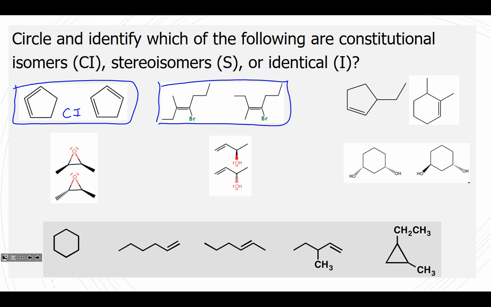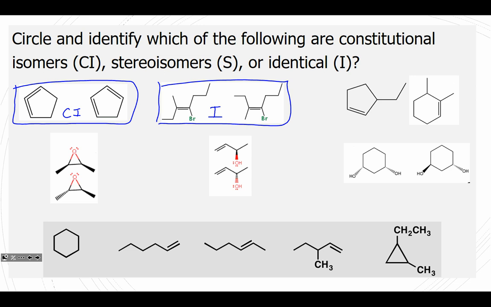Constitutional, they'll have the exact same molecular formula. Identical, you would name them exactly the same. And stereo would be cis and trans. Would you name them the exact same?